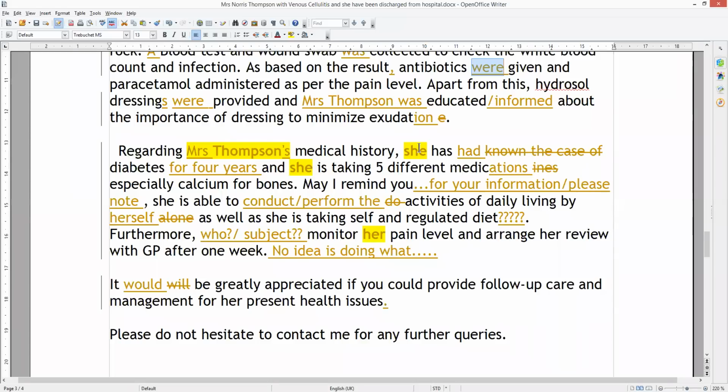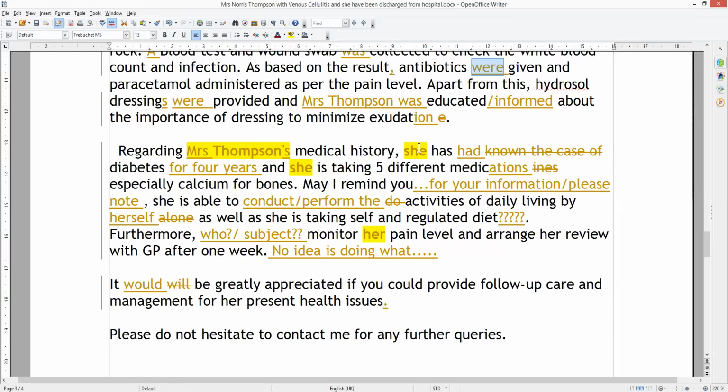If it's a particular patient, then you use an article: the patient complained of, the patient reported, etc. With a complaint, if it's singular, a complaint, or the complaints if it's plural.